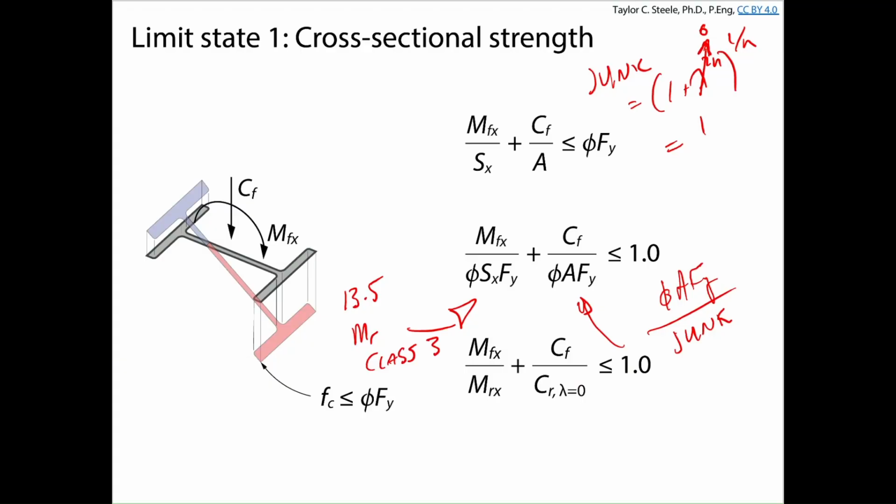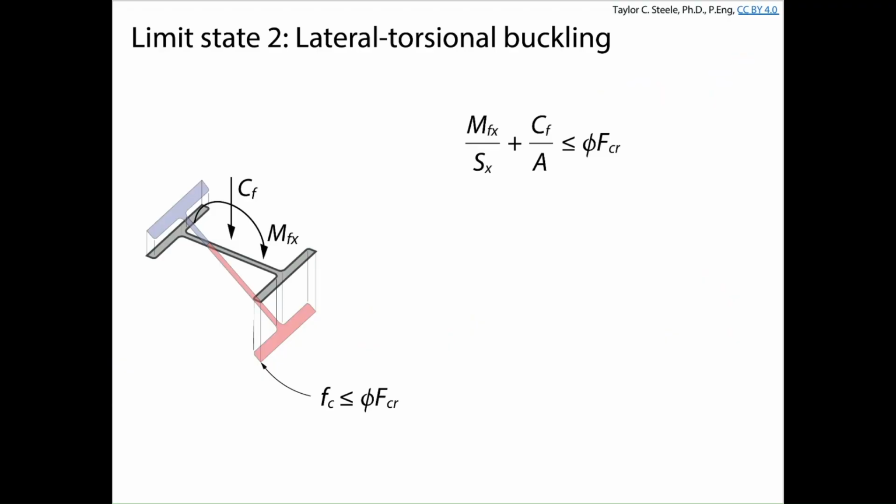Okay. So basically, we're trying to prevent yielding, and we do that by checking this interaction expression. We also have the potential, as the other day, to develop lateral torsional buckling. And so for beams that are unbraced against lateral torsional buckling, all of a sudden, again, this expression becomes the phi times the critical compressive stress in the flange that would cause lateral torsional buckling.